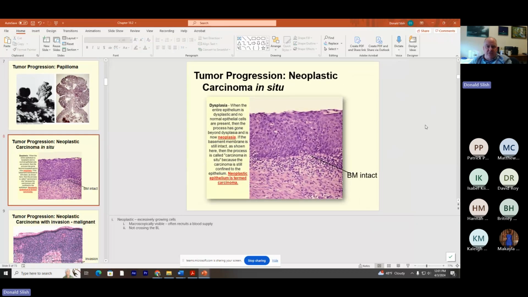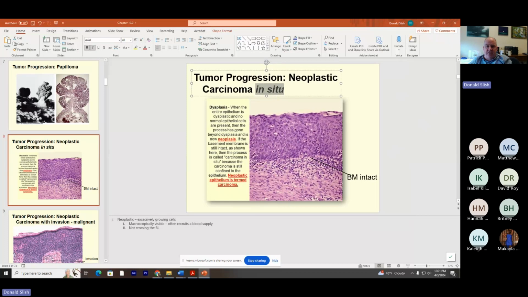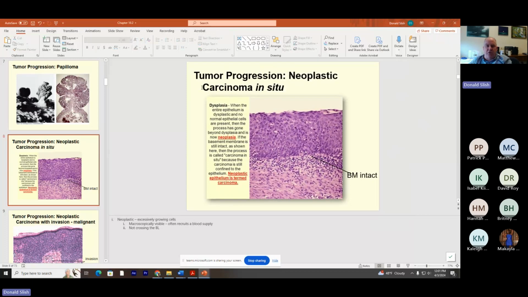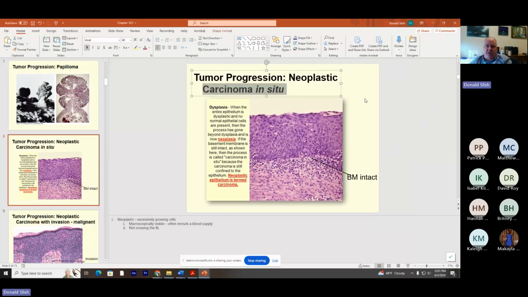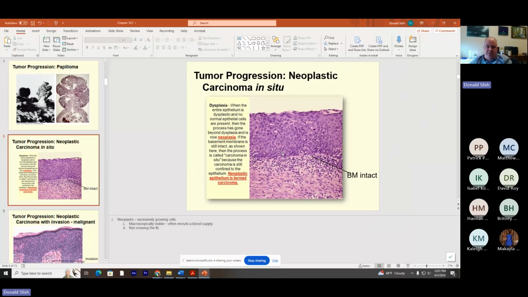So neoplastic is when all the cells in the area are just plain not normal. But they haven't crossed the basement membrane, so it's in situ. So carcinoma in situ. So they're basically cancer cells, but they haven't crossed the basement membrane, so they're still in their normal place.